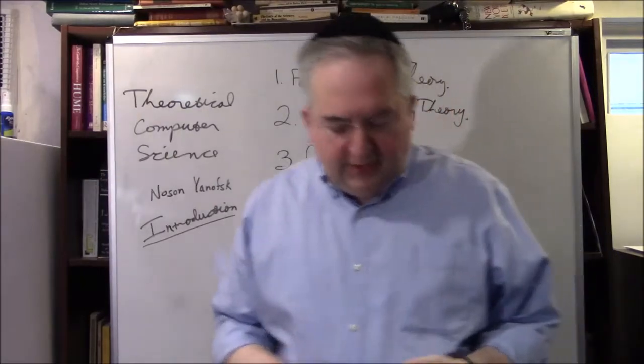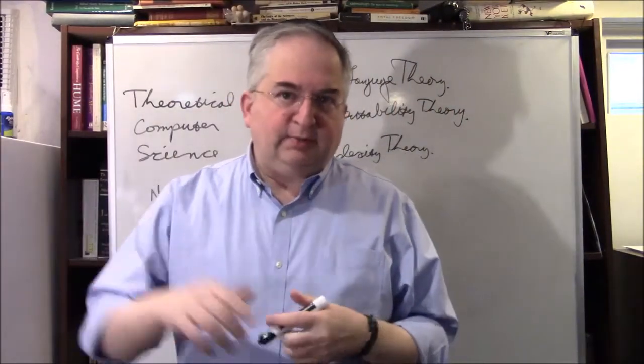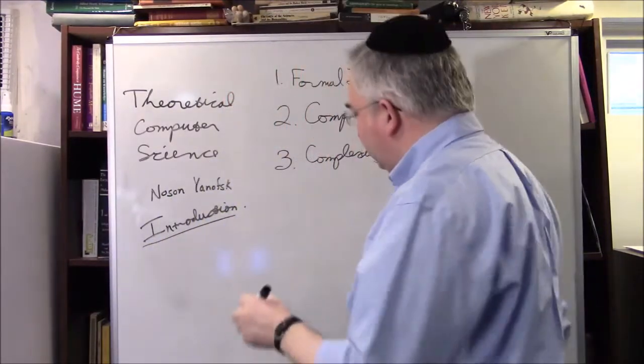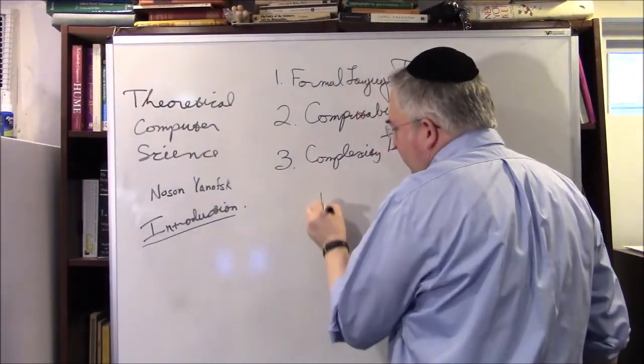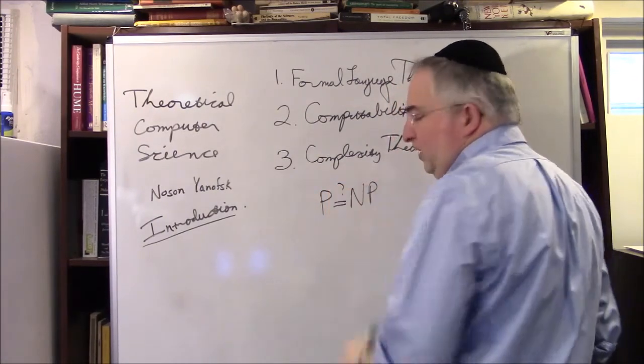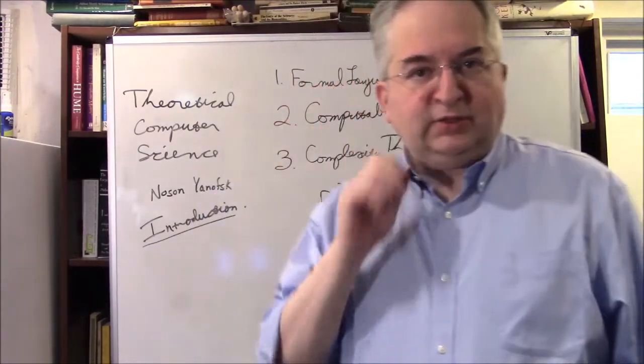Another aspect of complexity theory is to actually categorize problems that we deal with and talk about them. So one of the big questions we're going to see here is this famous question called P equals NP. When we go to chapter 7, you will understand this question.